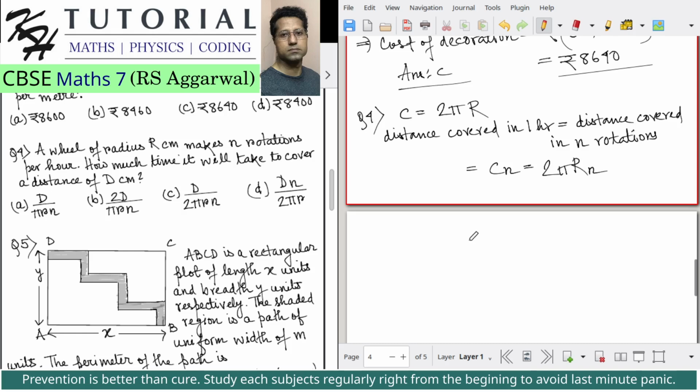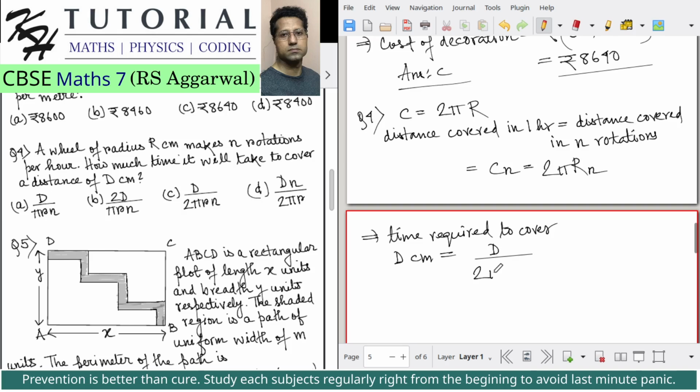And the question is asking how much time it will take to cover a distance of d centimeter. So we can use the unitary method. We can say that the time required to cover d centimeter will be equal to, since in 1 hour the distance covered is 2 pi Rn, the time taken to cover d centimeter will be d by 2 pi Rn.